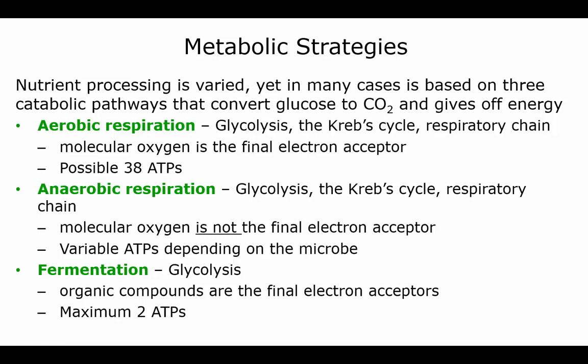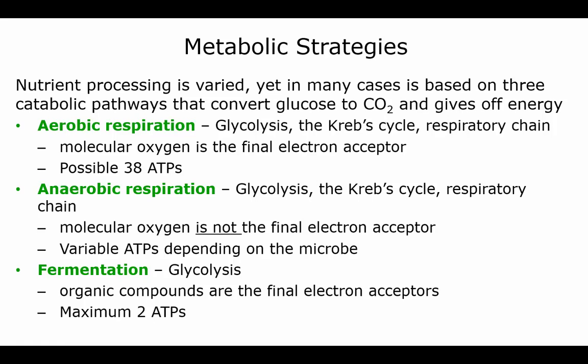Now, in order to do those pathways, the glycolysis, the Krebs cycle, and the respiratory chain, or electron transport chain, there are actually three options as to how cells can go through this. If we look at these catabolic pathways, I'll give a quick difference, and then we'll look into more detail.